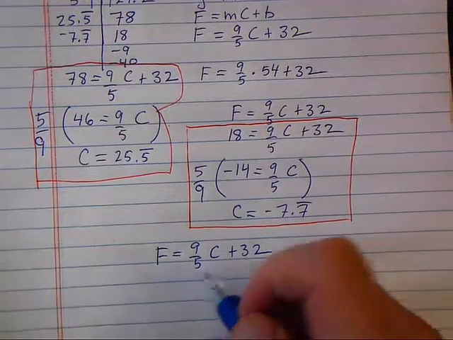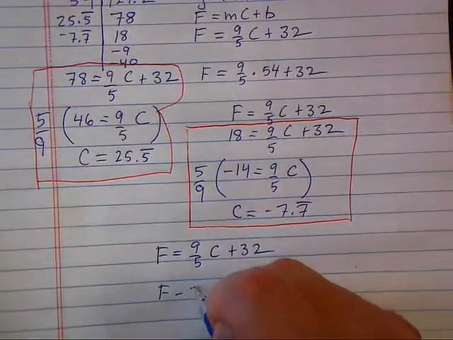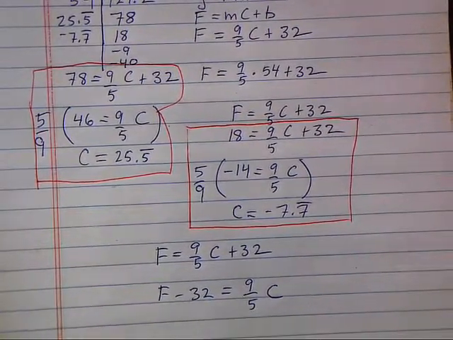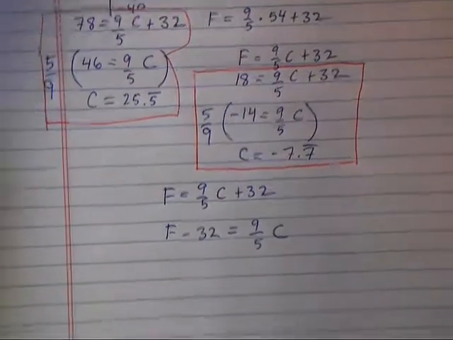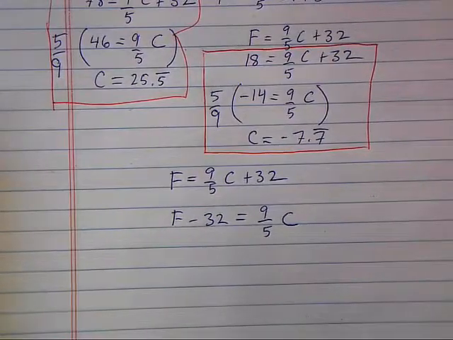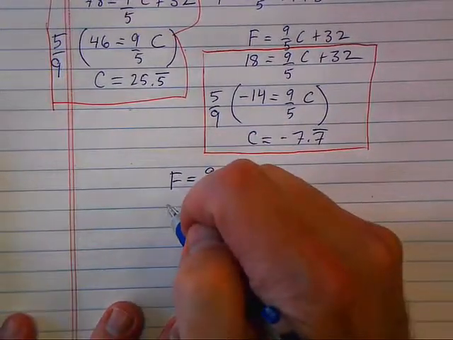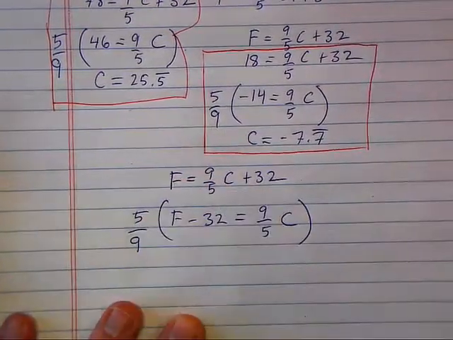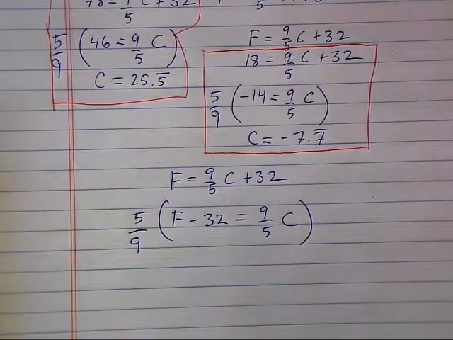Minus 32. So you would have F minus 32 equals 9/5 C, and divide by 9/5, which is the same as multiplying by 5/9.